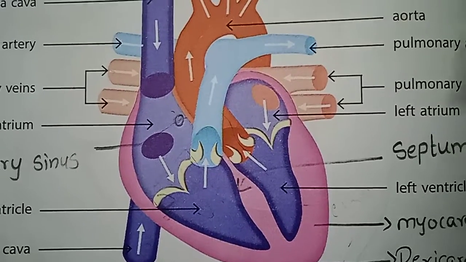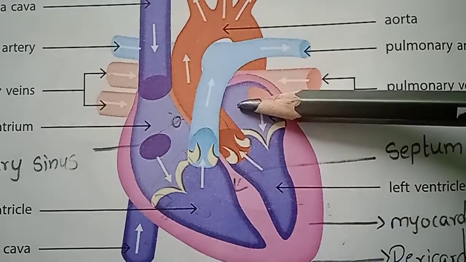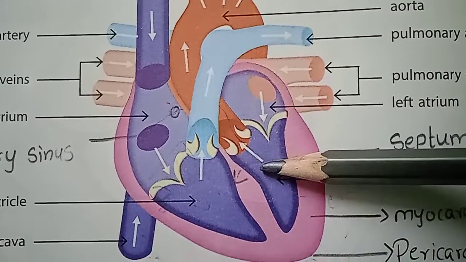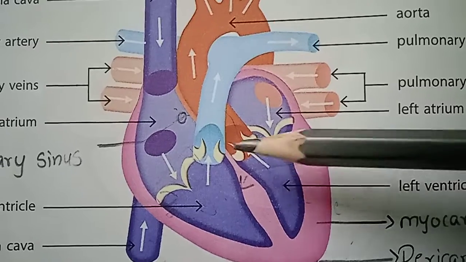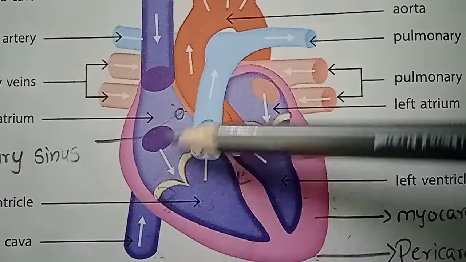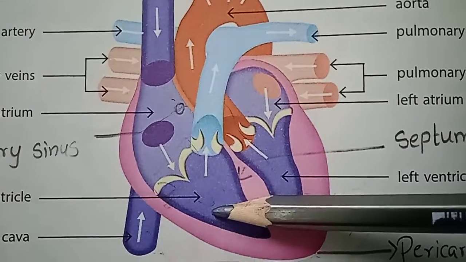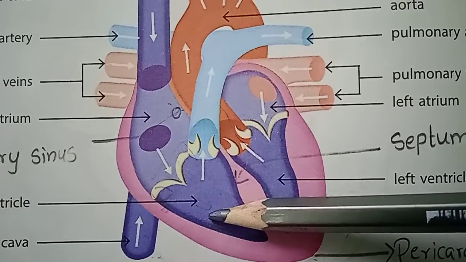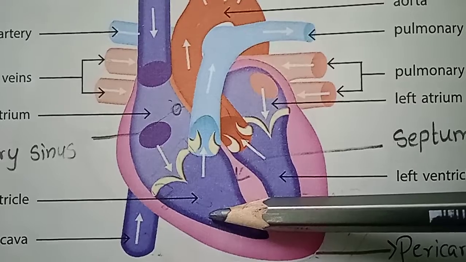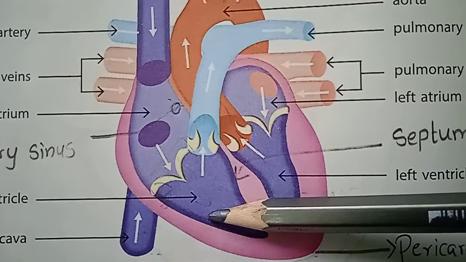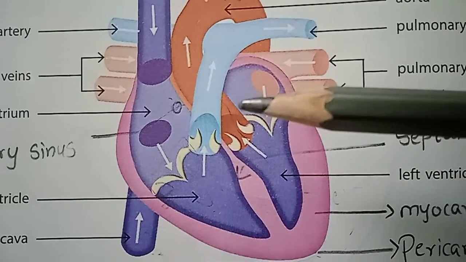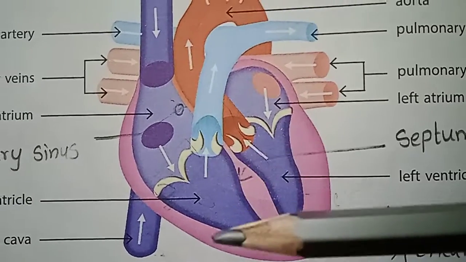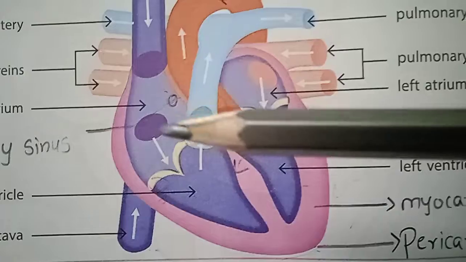These two are atria or auricles. These two are ventricles. The contraction and relaxation of these chambers is known as the cardiac cycle. So the cardiac cycle includes one active phase, which is systole, and a resting phase, which is diastole.